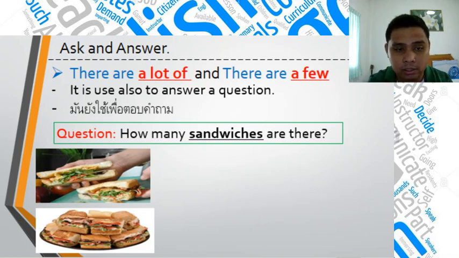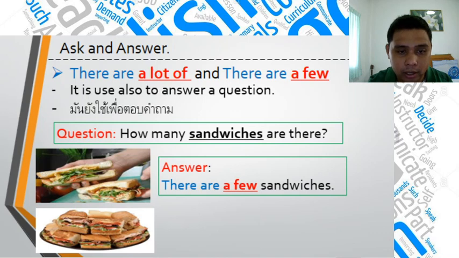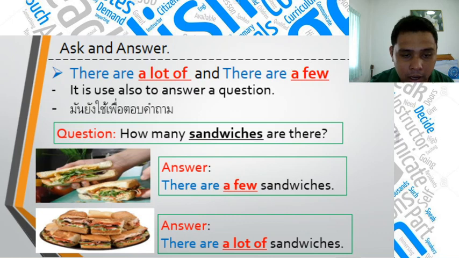So what will be the answer? How many sandwiches are there? Answer: there are a few sandwiches. Next, answer: there are a lot of sandwiches.